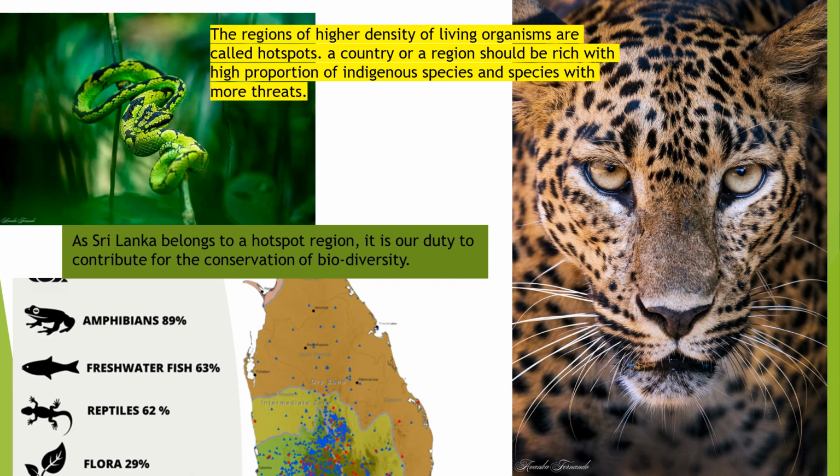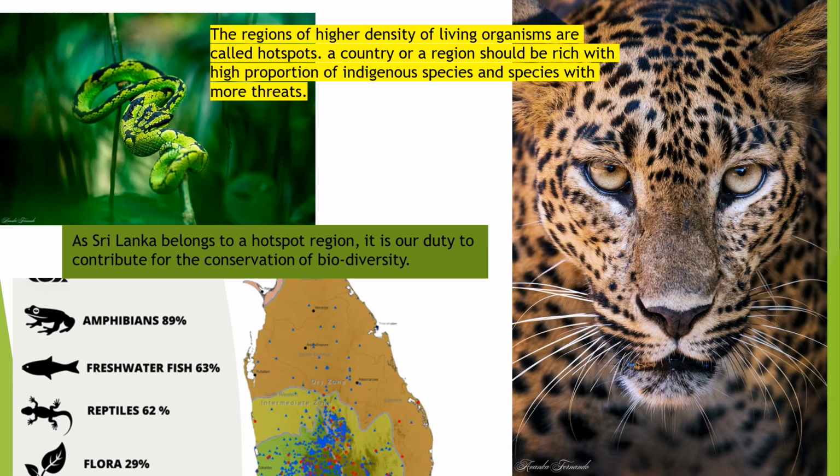The regions of higher density of living organisms are called hotspots. A country or a region rich with a high proportion of indigenous species and species under more threats is called a biodiversity hotspot. It means two factors should be there. One is high biodiversity with indigenous species.